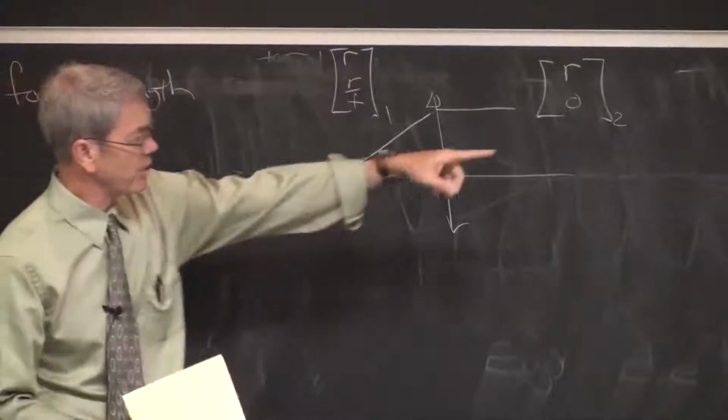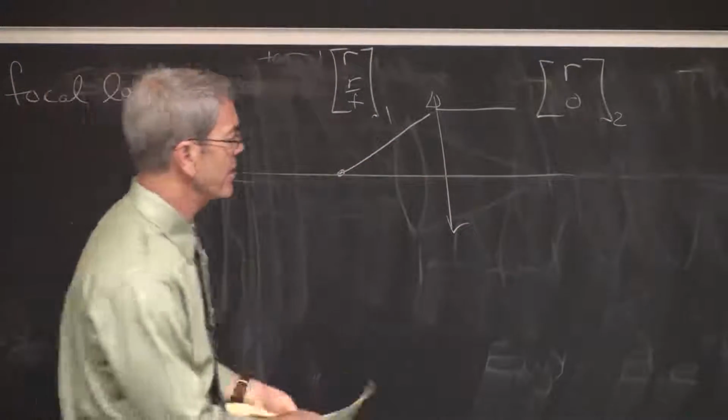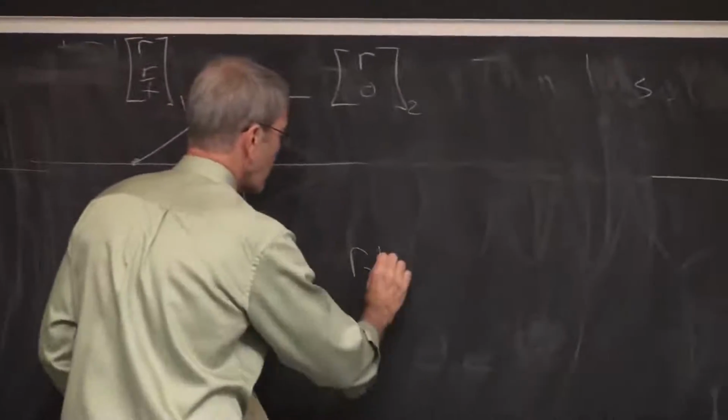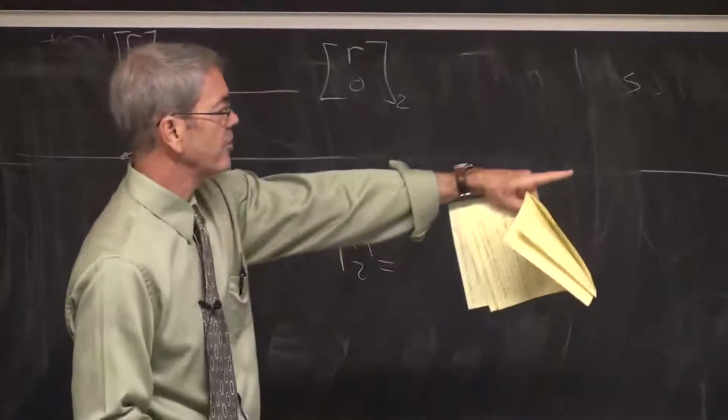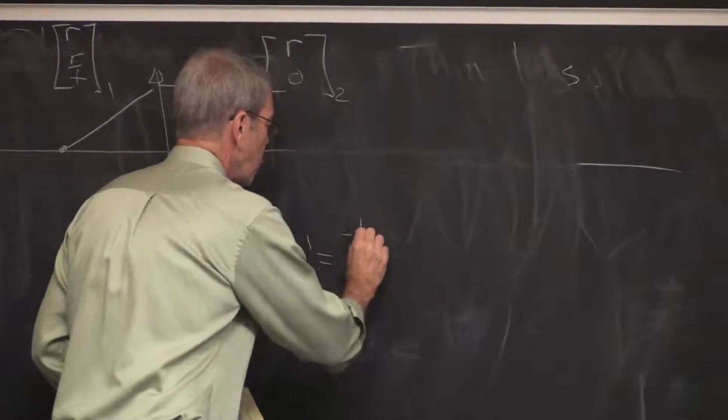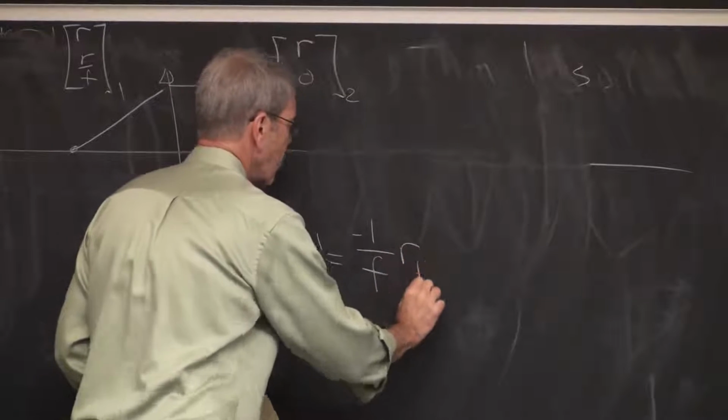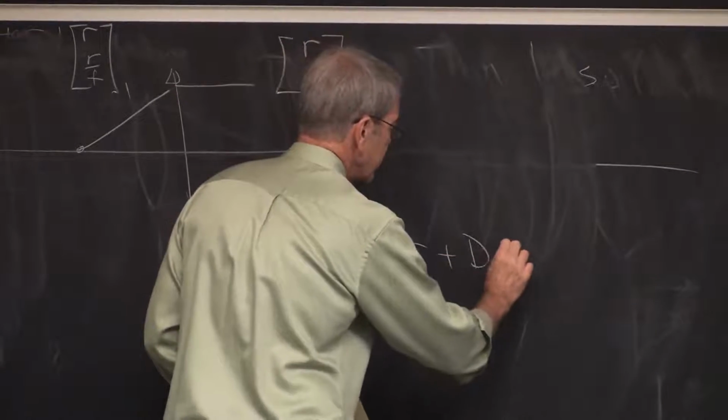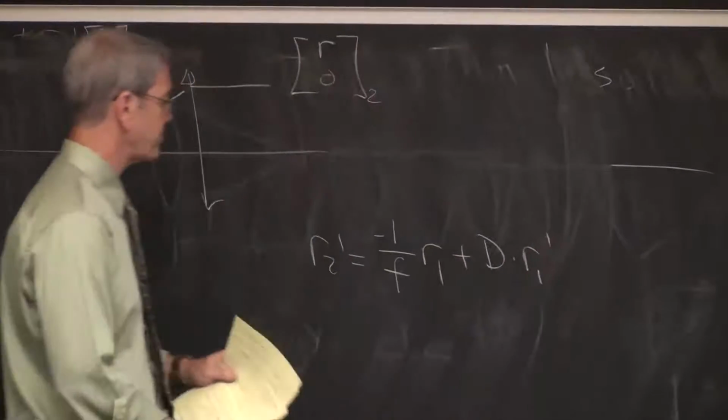And so now I just look at my equations. Let's see if I can work this out. I know that R2 prime equals, I already figured one of these things out, minus 1 over F R1 plus D times R1 prime.